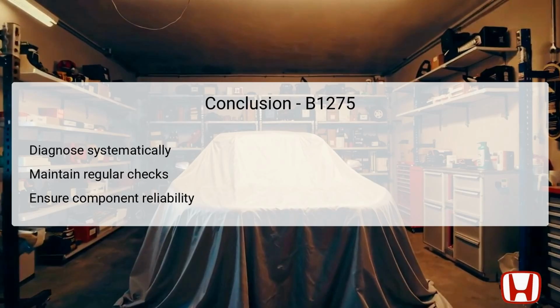In conclusion, diagnosing DTC B1275 and its related codes requires a systematic approach to troubleshooting. Each step builds upon the previous one, aiming to gather critical data that leads to an accurate diagnosis and resolution. Regular maintenance checks and a focus on component reliability can prevent future occurrences of these DTCs.